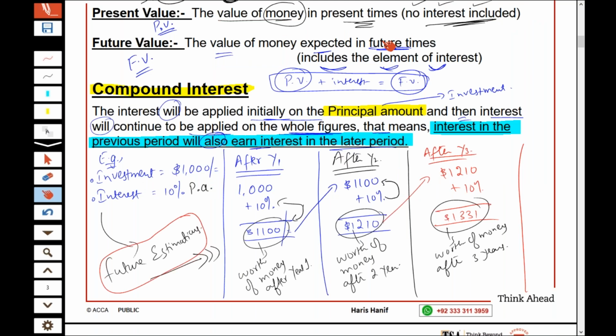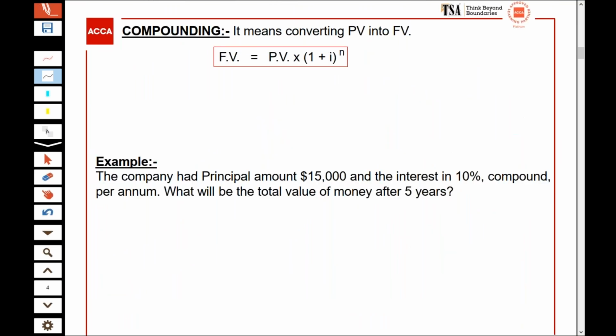I'm going back. This is my present value, 10,000, and this is my future value. I converted my present value into the future value after 3 years, and the process is called compounding.